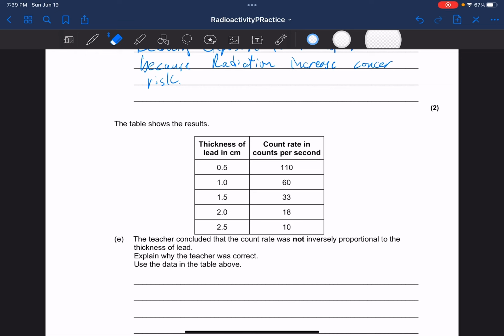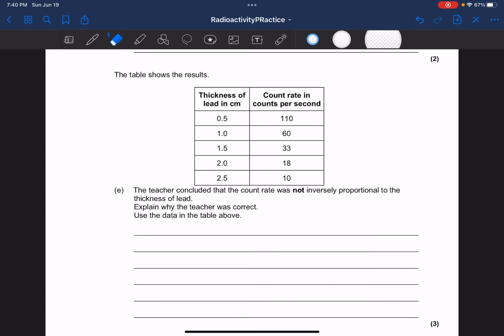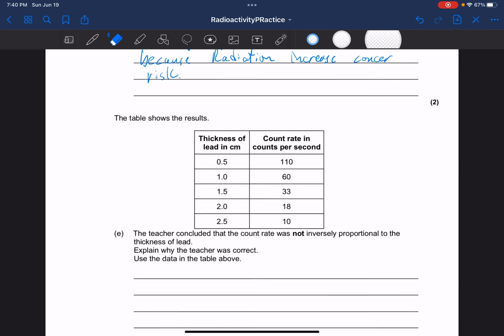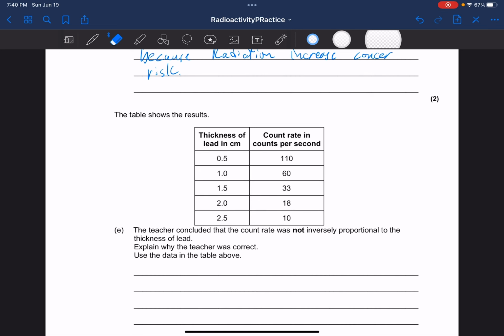So here are the results. The teacher concluded the count rate was not inversely proportional to the thickness of the lead. Explain why the teacher was correct. Use the data in the table below. So we have to know what inversely proportional means.